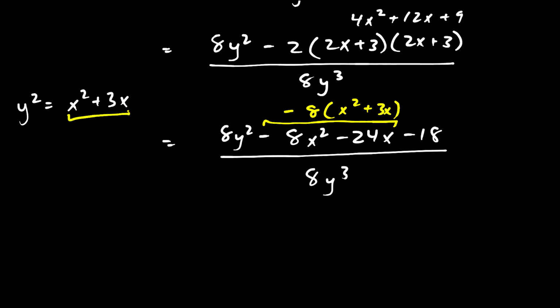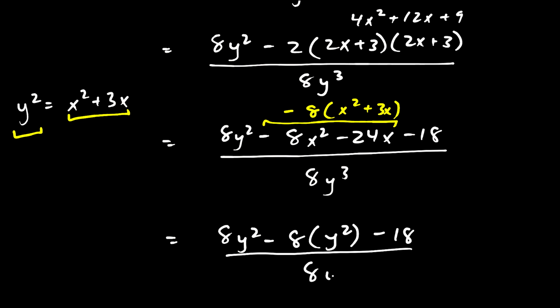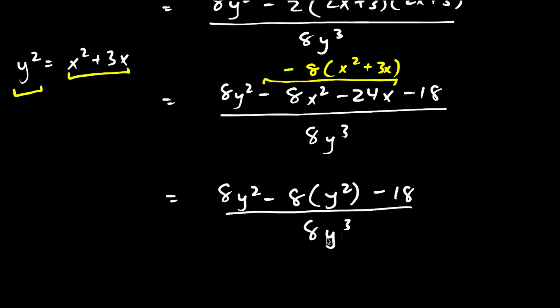So x squared plus 3x can be replaced with y squared. So if we do take this one step further, we have 8y squared minus 8, and this is where we make our substitution of y squared, and then minus 18 all over 8y cubed.